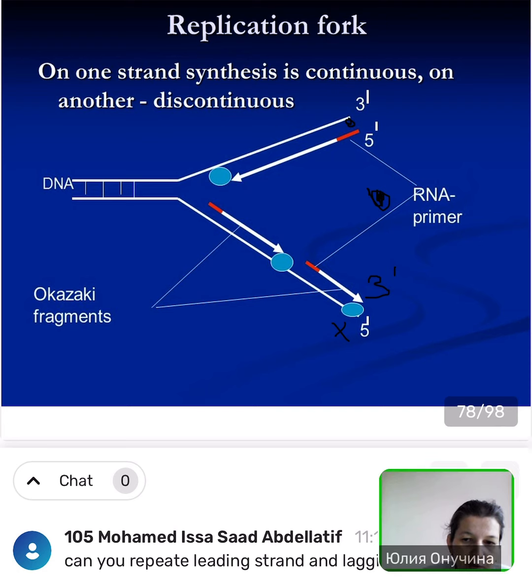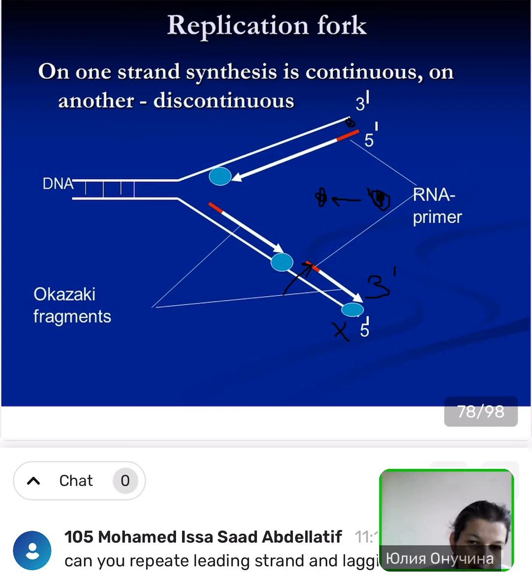So helicase will go to this point, and in this place, at last, the beginning of biosynthesis.